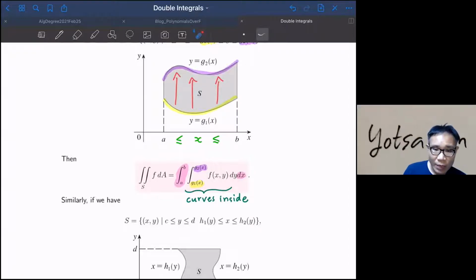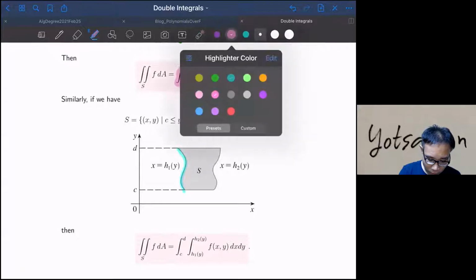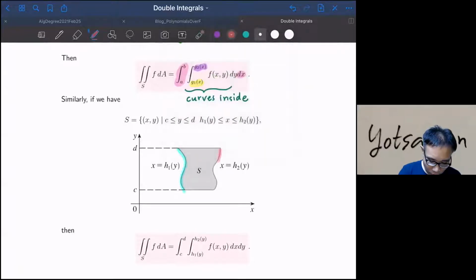In a similar manner, if x lies between two curves, between h1 and h2, so you have x equal to h1(y) and x equal to h2(y), then x lies between h1 and h2.